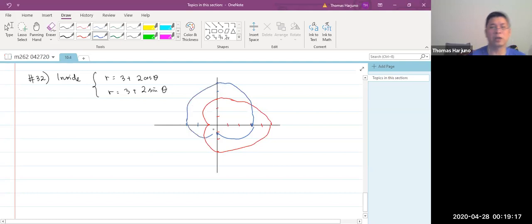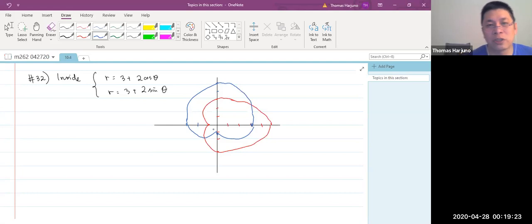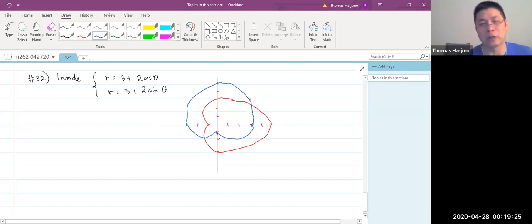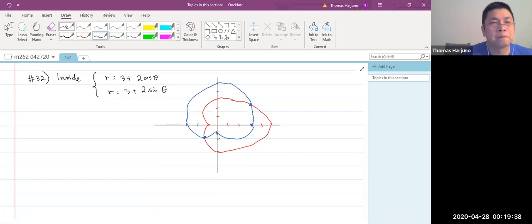Ooh, that's scary, huh? So we need to see where they intersect, actually. Okay, so actually, I don't think this is hard though. Let's see where they intersect. The r should be equal when they intersect.